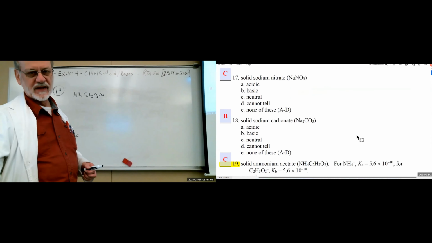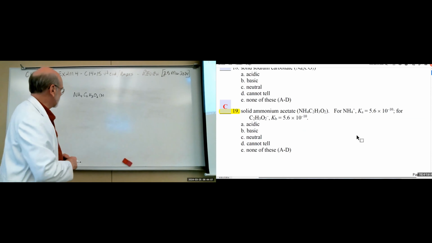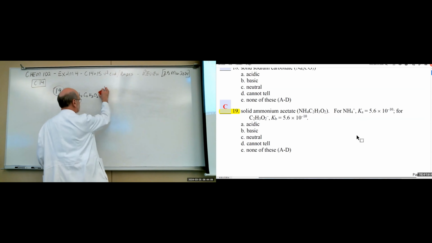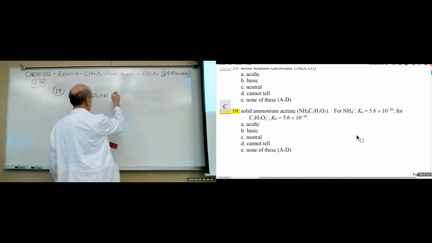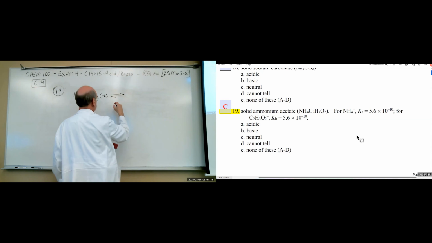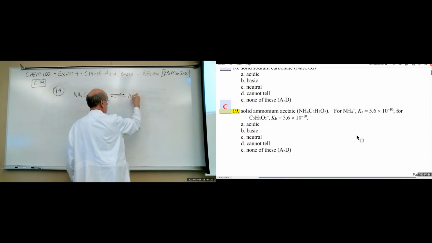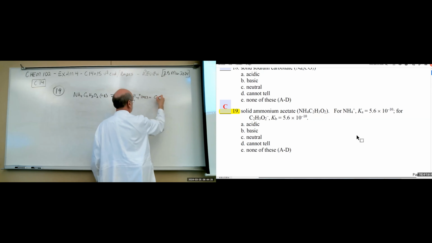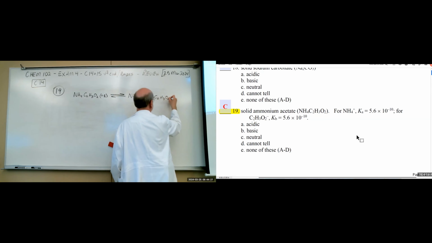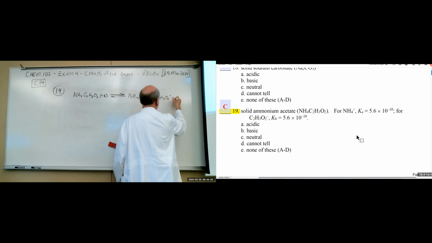All right. So if we're going to make an aqueous solution of this, how is it going to behave in solution? Well, all ammonium salts are soluble. So what it's going to do is make this and to that.